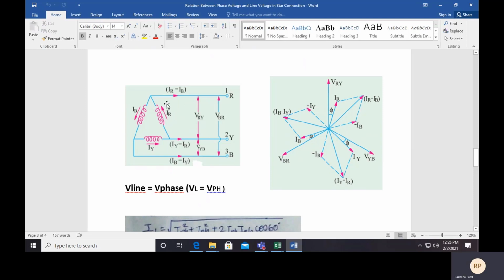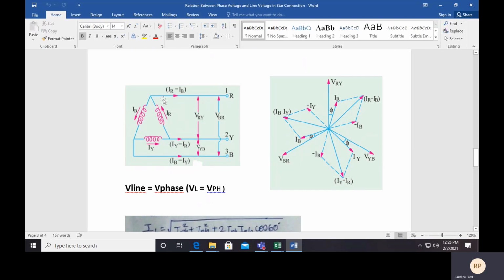Now it's time to check the current relationship between phase and line. For the R phase, IR is the current injection. This is IY. This is IB. And they form an anti-clockwise rotation of current flow.